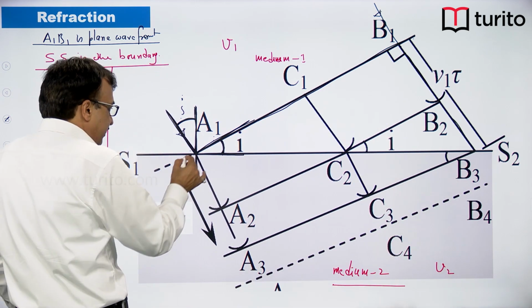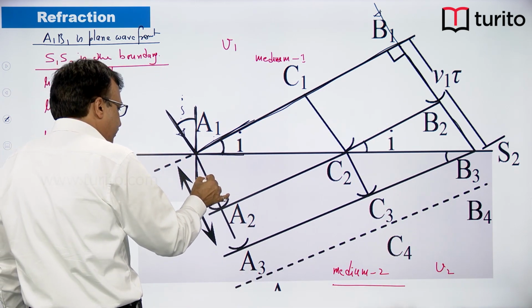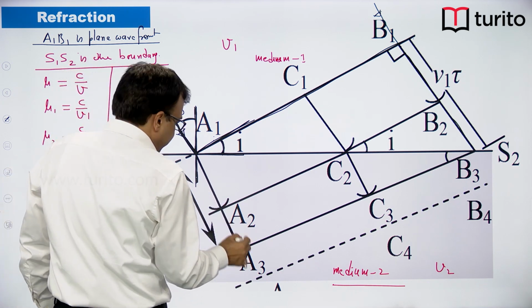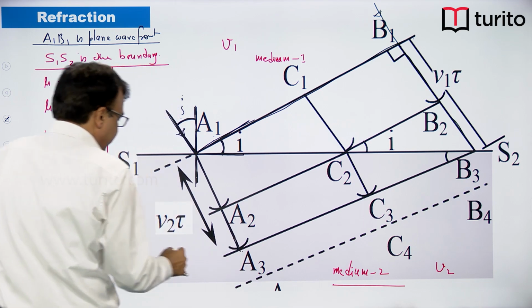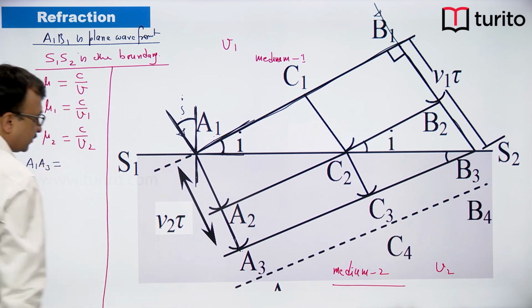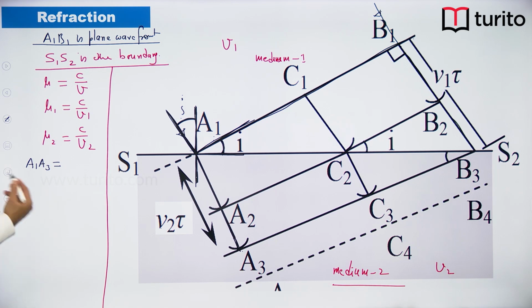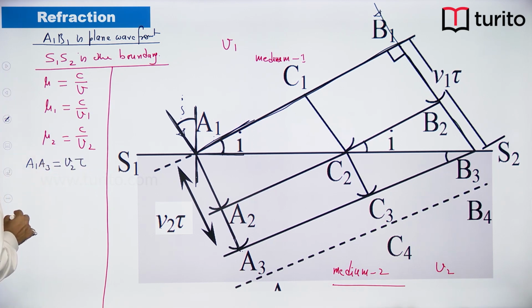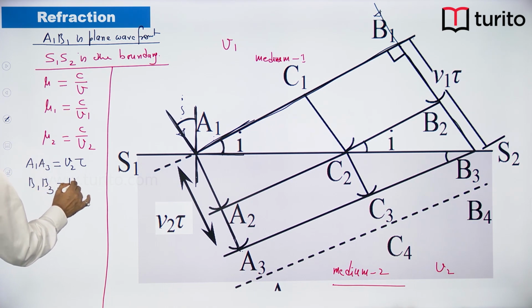So, in the same time interval, the distance travelled by this point of the wavefront, A1 A3, is equal to V2 tau. A1 A3 is the distance travelled in the other medium, and B1 B3 equals V1 into tau.